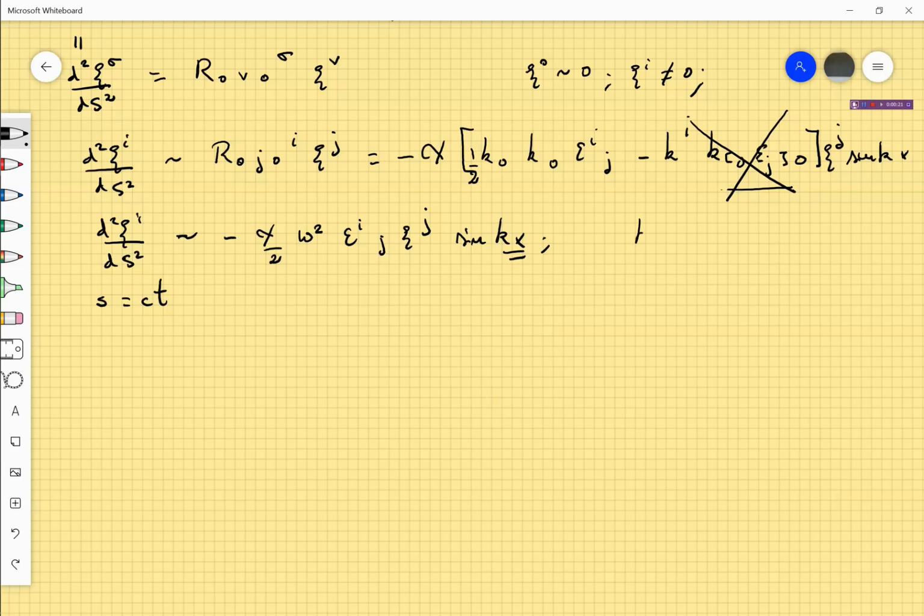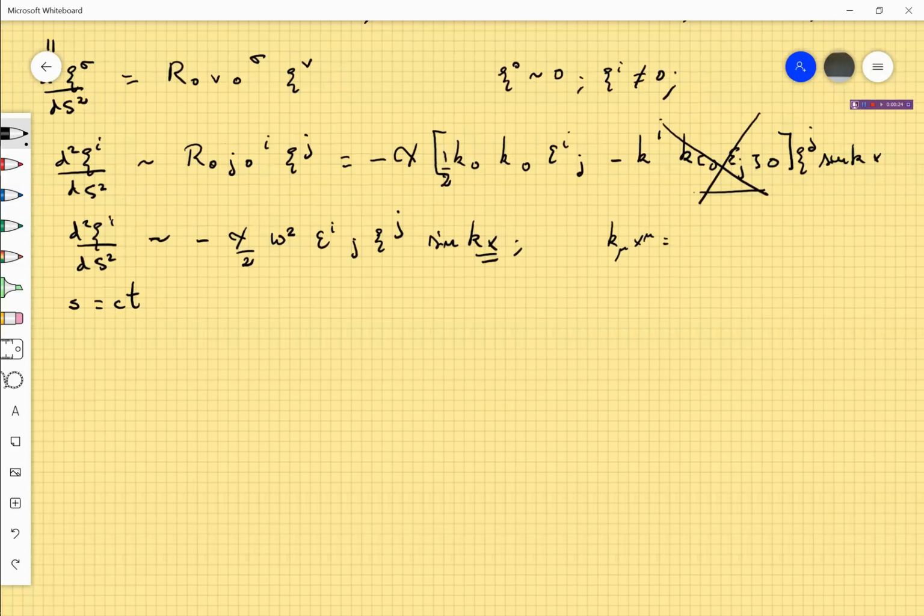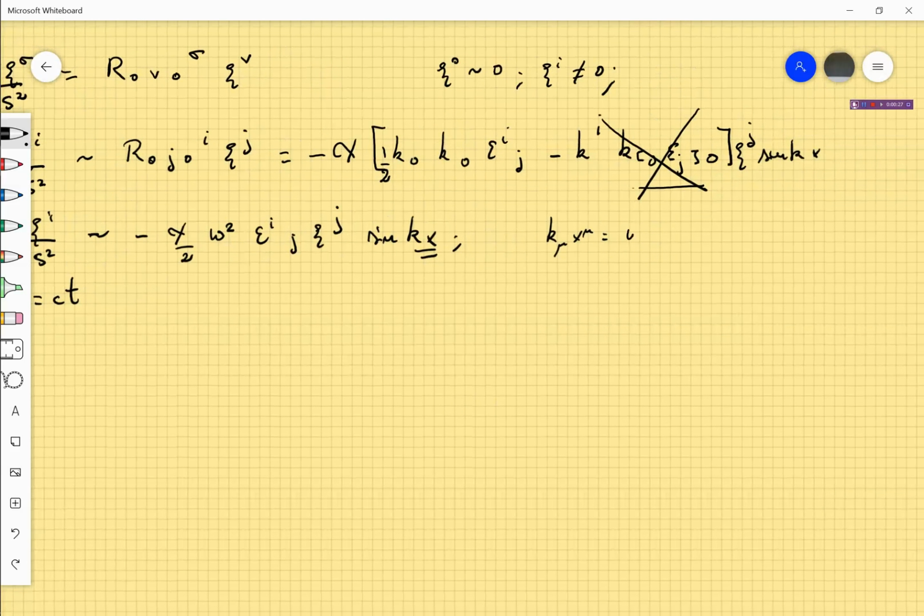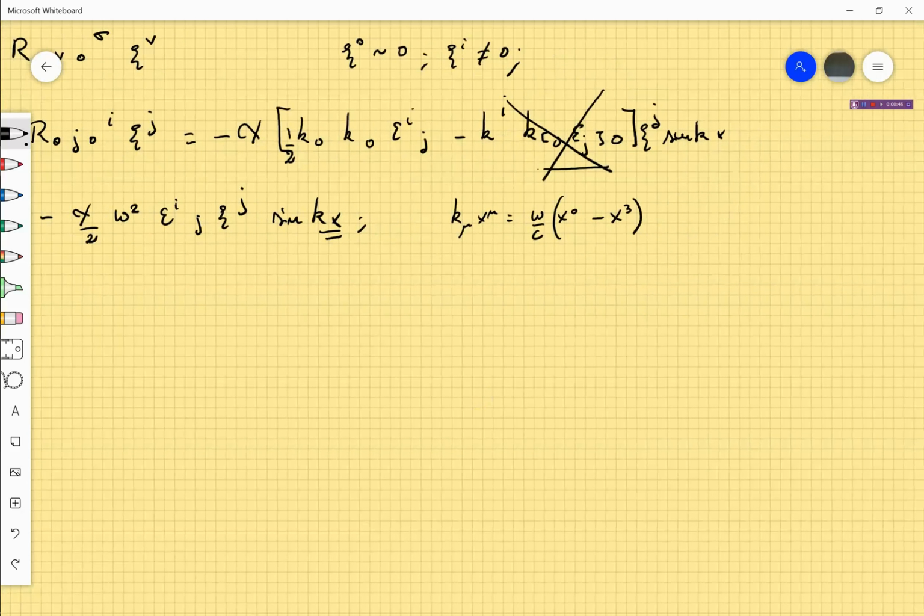And kx is k0, the only non-vanishing component, which is omega divided by c times x0, and the other component, which is different from 0, is k3, which is also omega over c, multiplying now minus x3. Okay, since x0 is c times t, this is omega t. If I take omega as a common factor, this is minus x3 divided by c.